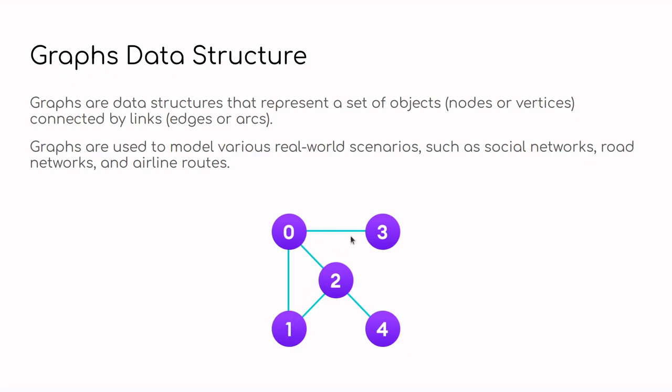Here there is no hierarchical manner. Graph data structures are used in real world scenarios like social media networks. One of the best examples of a graph is Google Maps. It can also be used in road networks and airline routes.